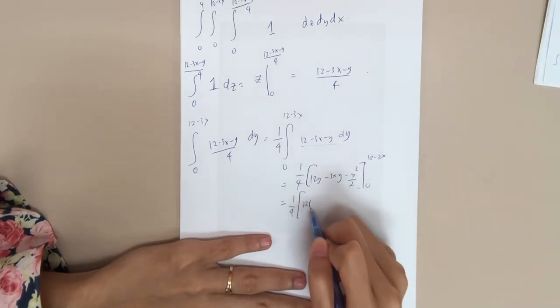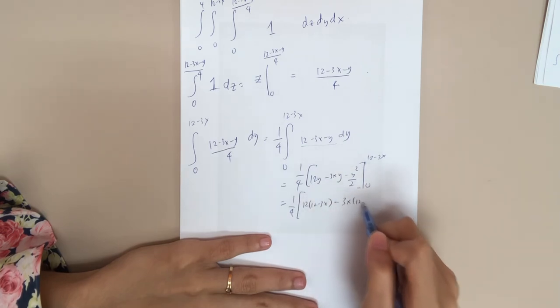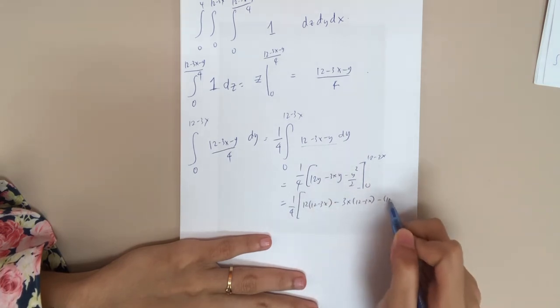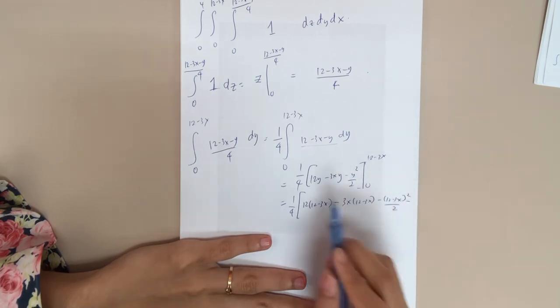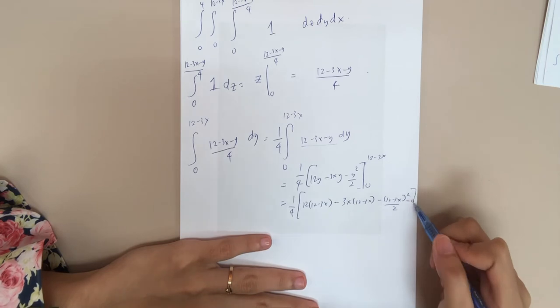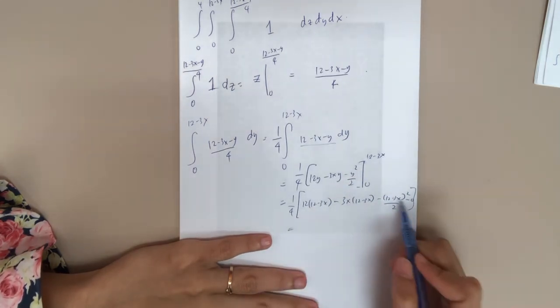Okay, just substitute. You have 12 minus 3x times 12 minus 3x, minus 12 minus 3x power 2 over 2, and then minus 0, because all have y here, so they become 0. Make sure you open the bracket.